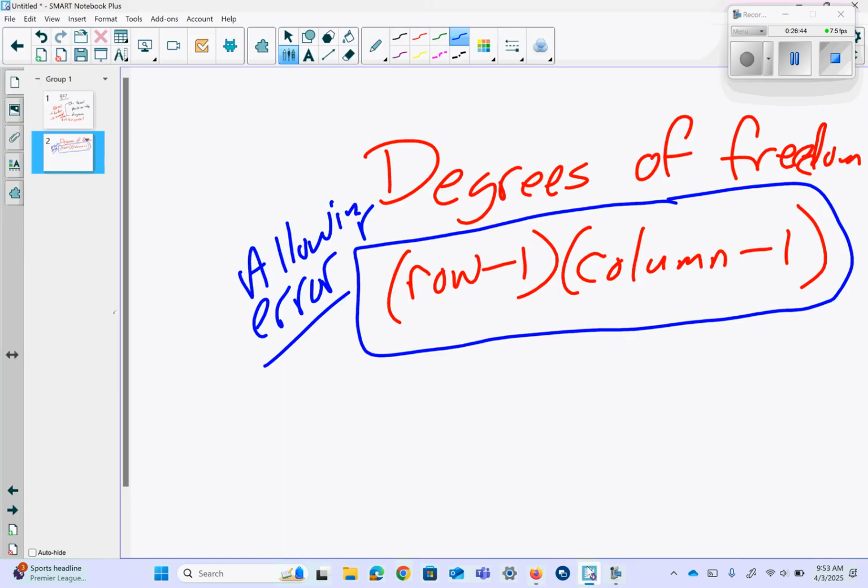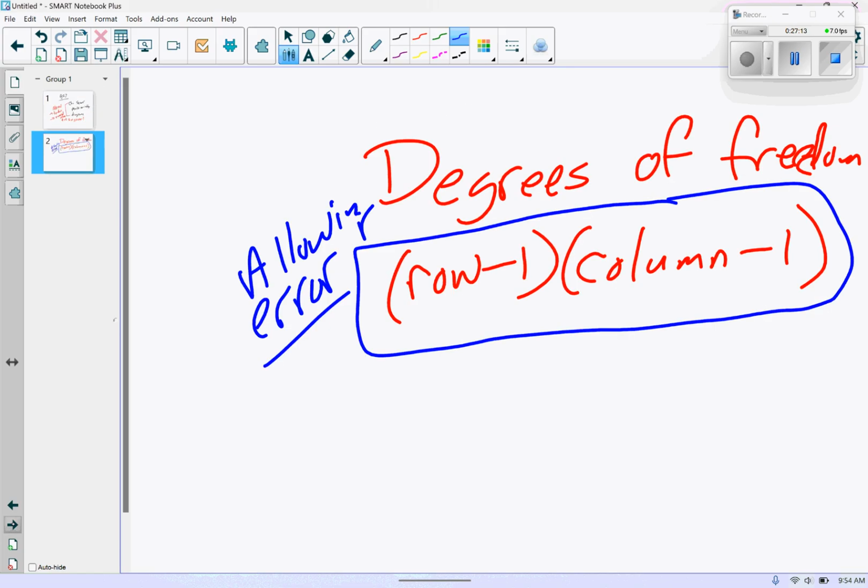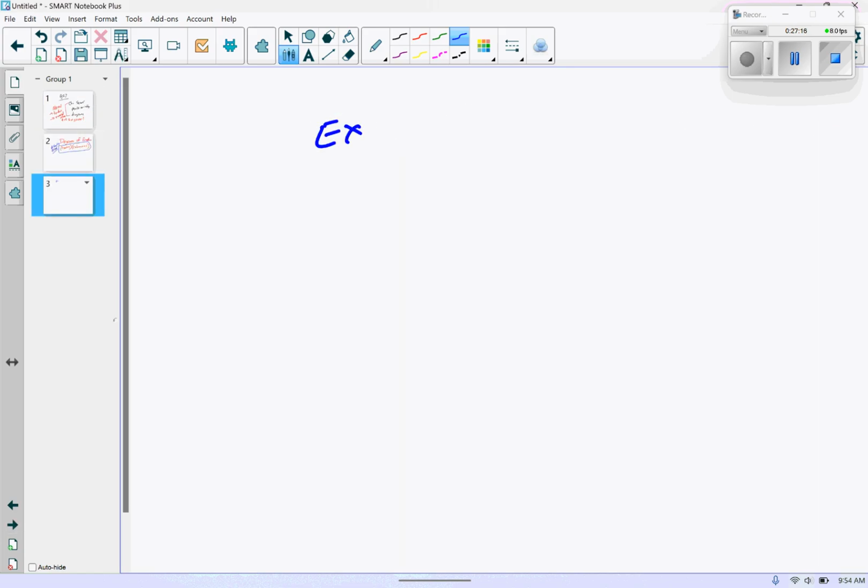I need to grab a calculator to do this. We first have to remember the expected value equation. So let me collapse this down, being we're collapsing data. The expected value is the row total times the column total over the total.